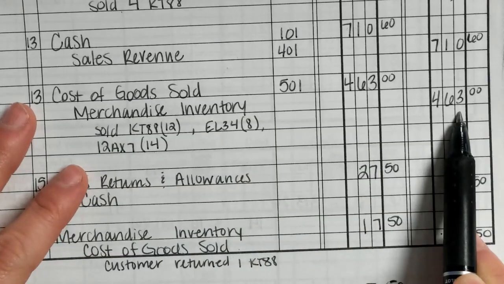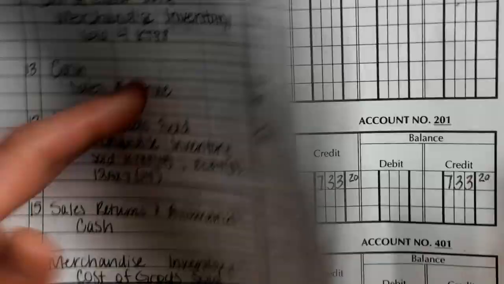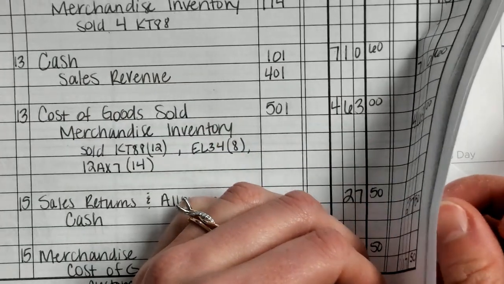And merchandise is credited 463. I'm sorry, can you go back to cost of goods sold?